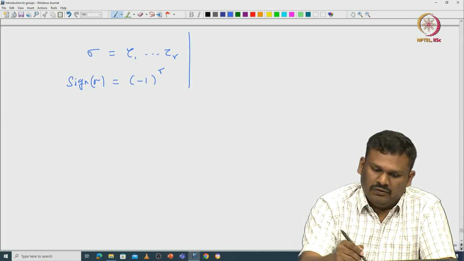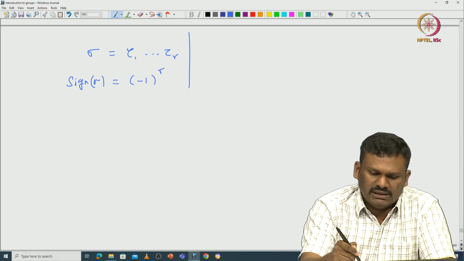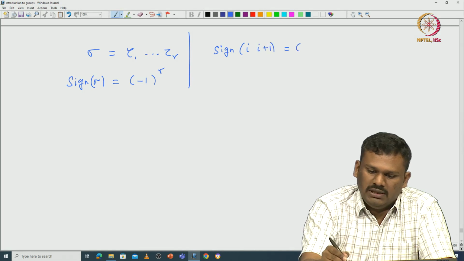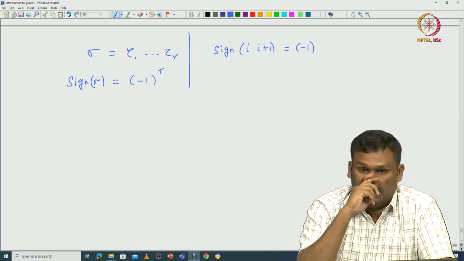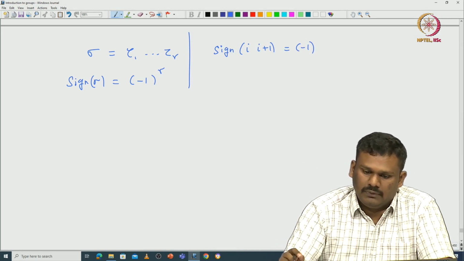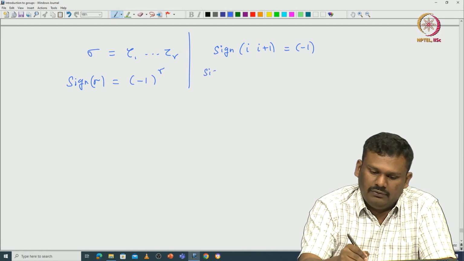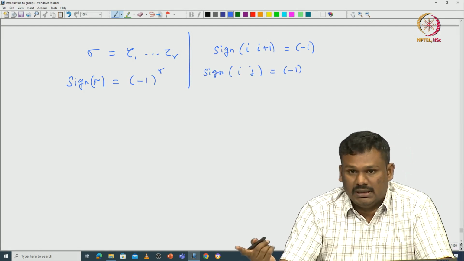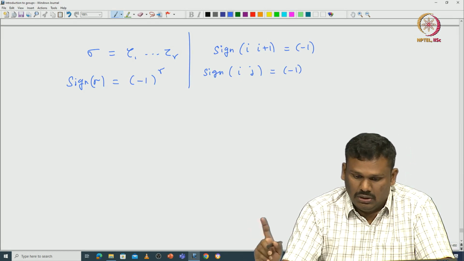Because if you take, for example, the simple transposition (i i+1), you can see that its sign is just minus 1, because it just changes the ith row and (i+1)th row. So, what about the sign of the transposition (i j)? That is also going to be minus 1, because it changes the ith row and jth row.